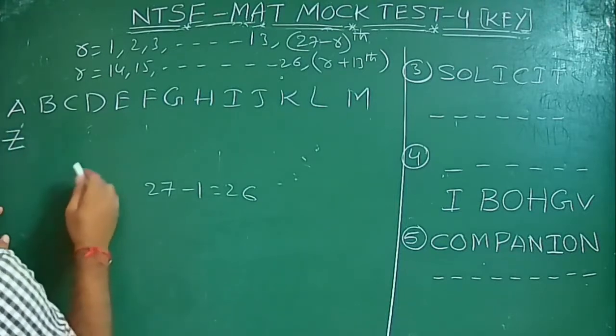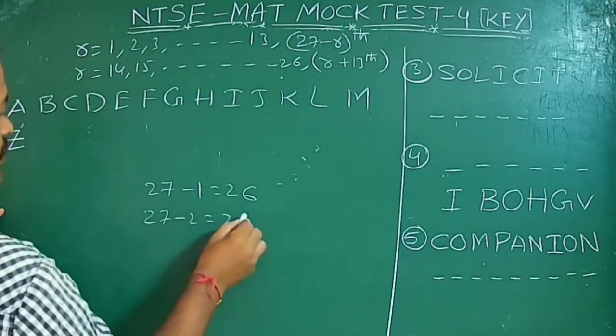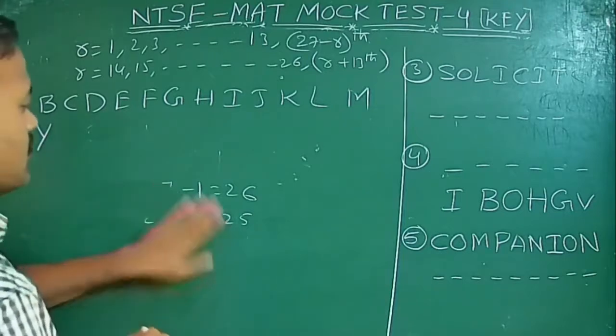Similarly, 27 minus 2 is 25 only. 25 is Y only. So it will come like this.